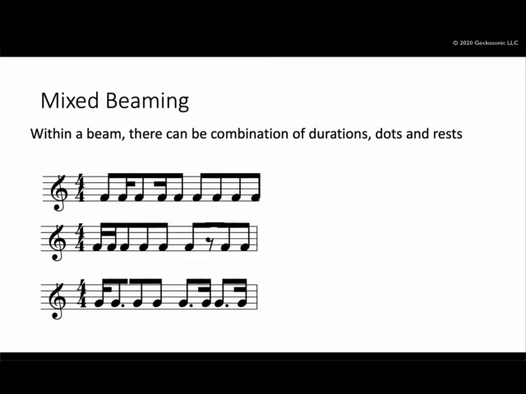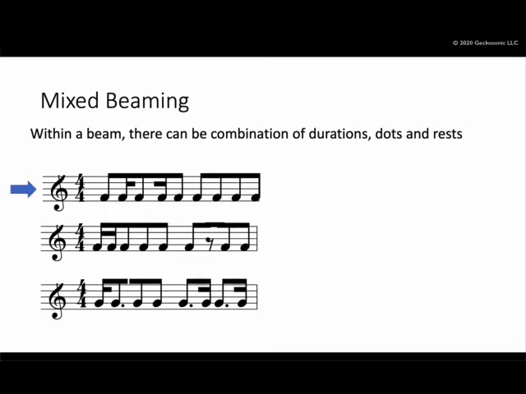Underneath that beam, we can combine different numbers of beams, as well as dots and sometimes rests and other things, but we won't talk about that now. These combinations are just a quick shorthand of putting as much information under a bar as possible. It's cleaner looking, but some people get a little bit confused by it. It can be daunting.